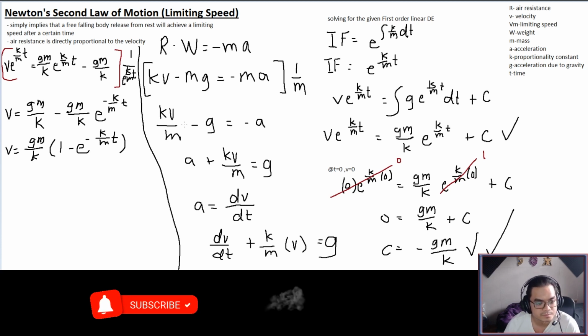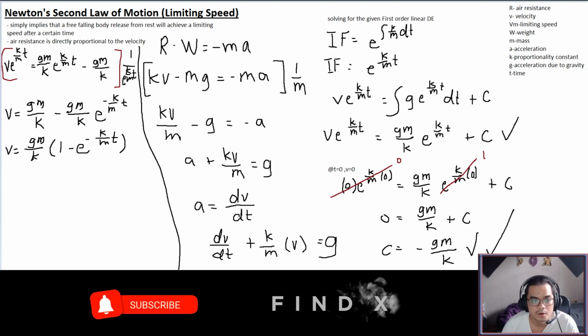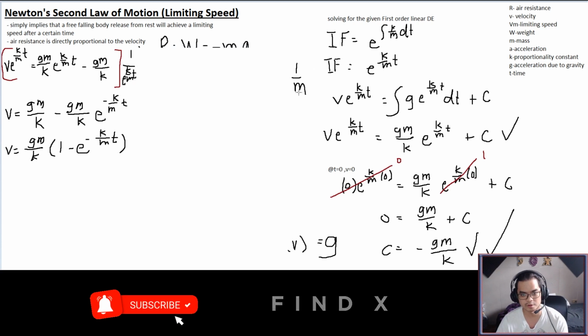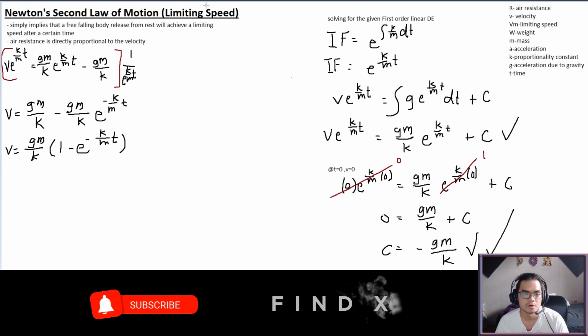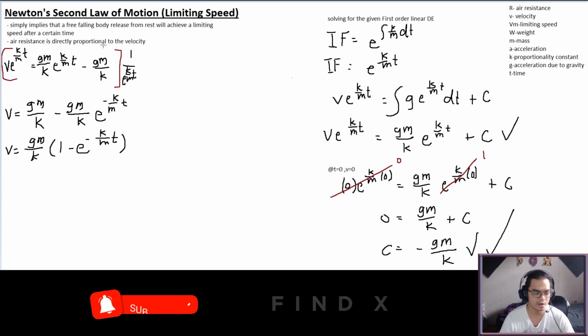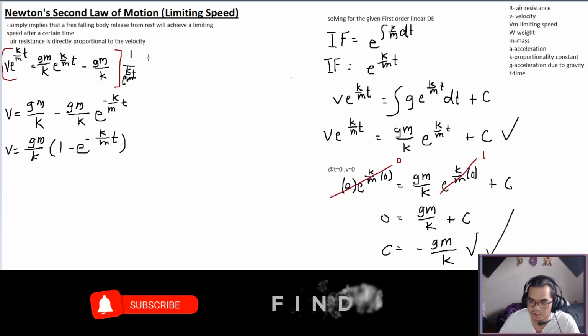Okay. Now, for the next step, I'll be erasing this part again. There we go. For the next step, remember that we have to consider the limiting speed. The symbol I will be using for that is Vm, capital V, small m.